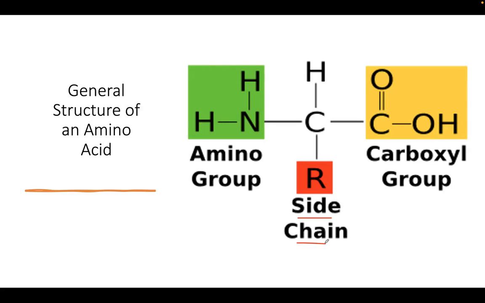Now, every amino acid has an amino group and it has a carboxyl group. I want you to remember, let's start with the easy one. Letter C is carboxyl. This is the COOH.